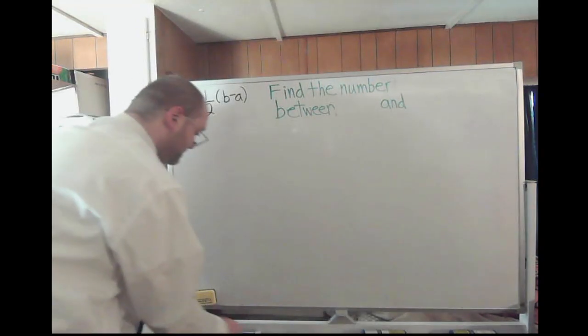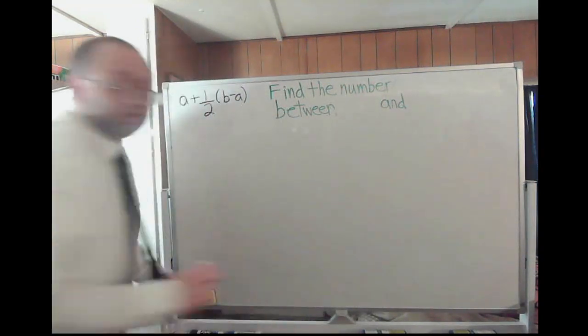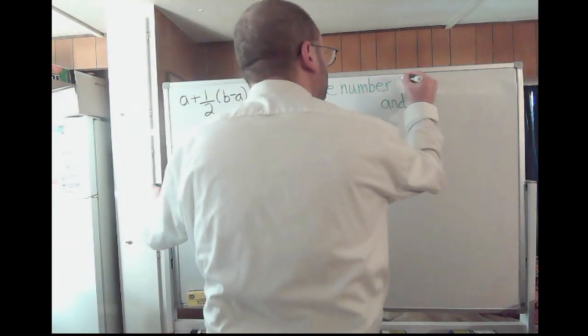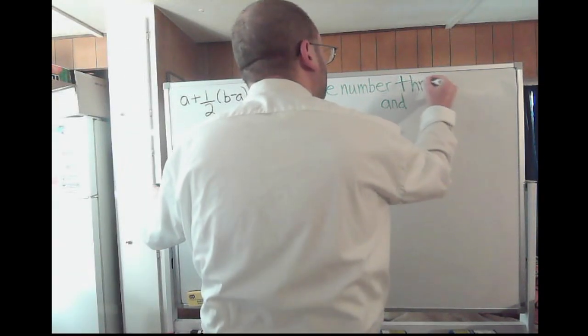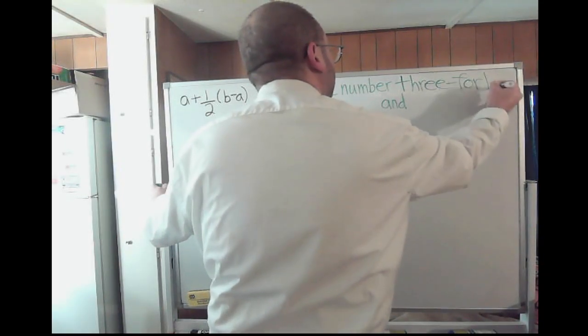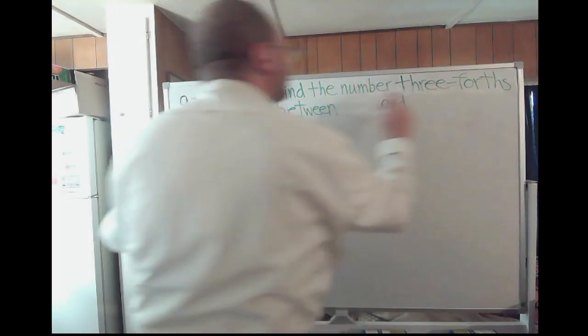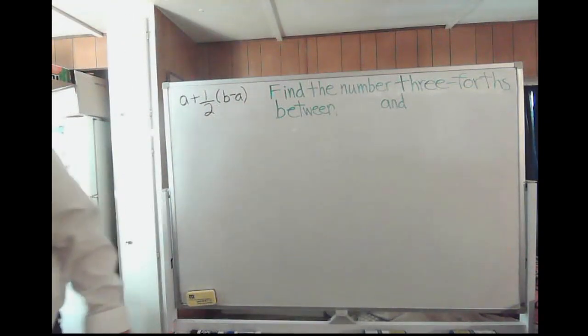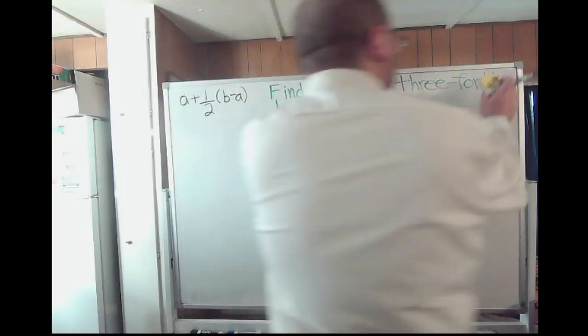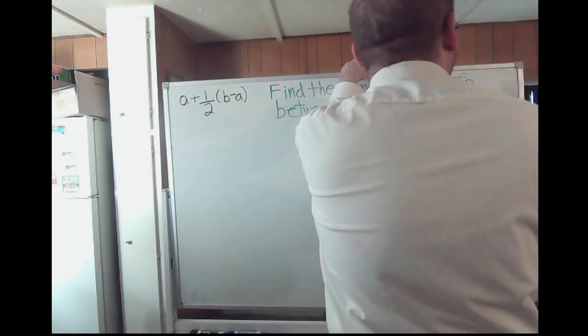All right. This one, let's find the number 3/4. So we're going to find a number 3/4 of the way... Whoops, fourths has a U, doesn't it? This is why I'm not an English teacher.